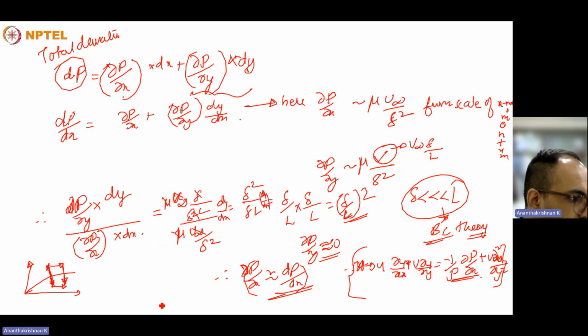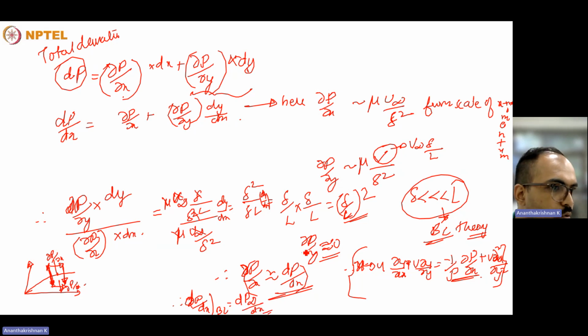So since ∂P/∂Y is equal to zero across the boundary layer, ∂P/∂X in the free stream will be the same as ∂P/∂X away from the wall, but within the boundary layer. So we can write dP/dx within the boundary layer will be the same as dP∞/dx. So that solves part of the problem where we get the pressure gradient dP/dx.